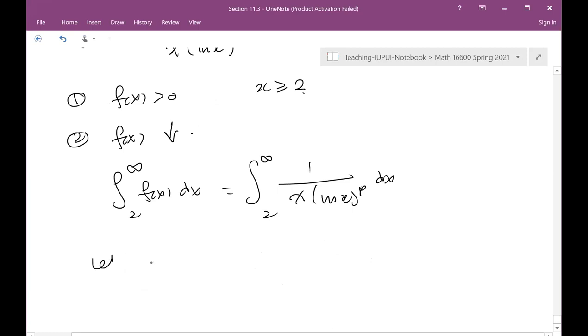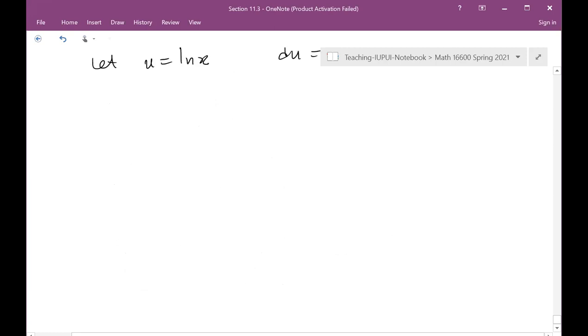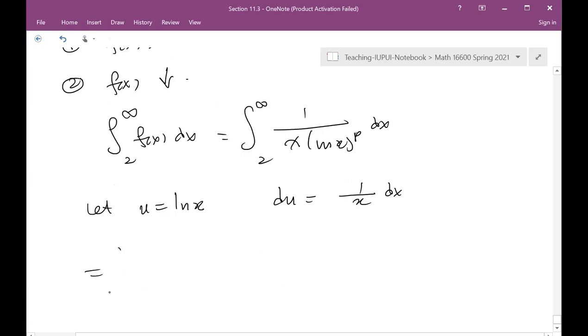You let u be natural log of x, and then du equals 1 over x dx. So the above integral becomes: when x equals 2, I get natural log of 2. When x is infinity, natural log of infinity is still infinity. And that's u and du.